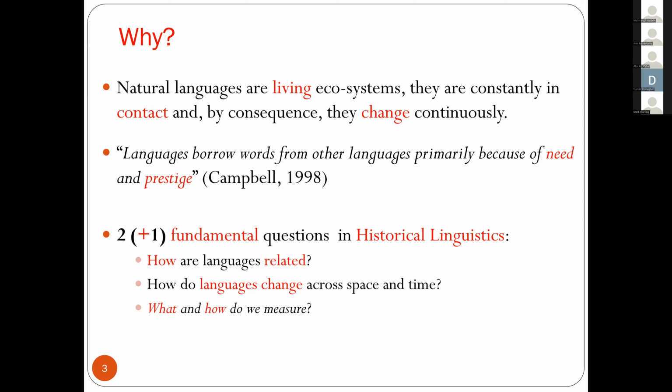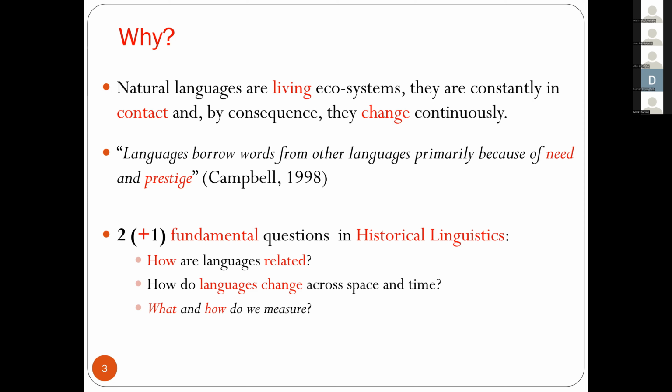Maybe you know, all over the world, not only in Romanian, it is cool to use an English word even if you have the same word with the same meaning in your language.